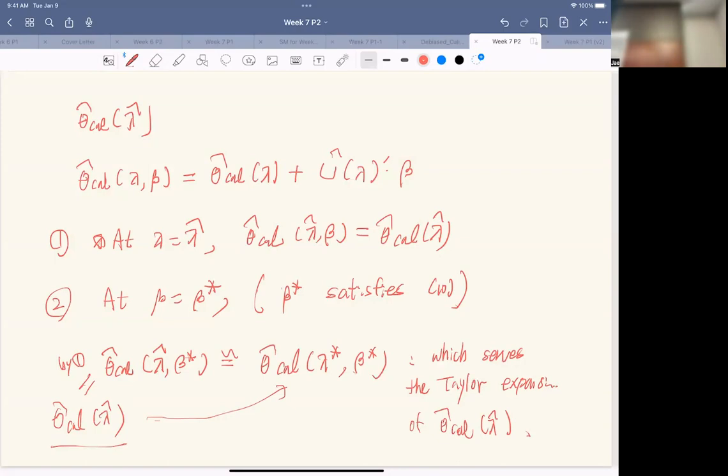This is what you're interested in at the beginning, but we augmented and constructed this estimator intentionally, just to choose a beta star that takes the role of the linearization.